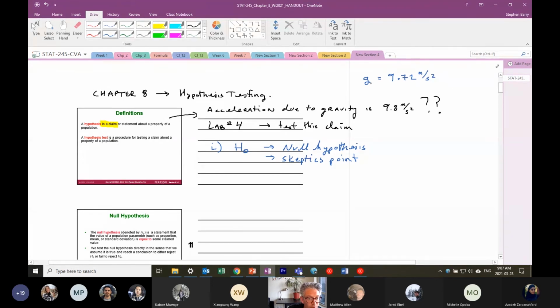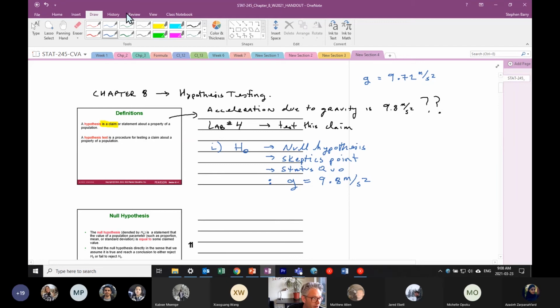If you told me that, I wouldn't believe you, right? Because it's been shown so many times and the status quo and everybody in the universe seems to believe it's 9.8. And so the null hypothesis is the current understanding or the status quo of what is known about what you're doing. In the case of your lab, the null hypothesis would be that gravity is 9.81 meters per second squared.